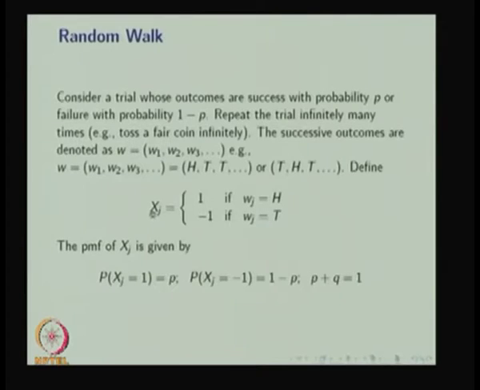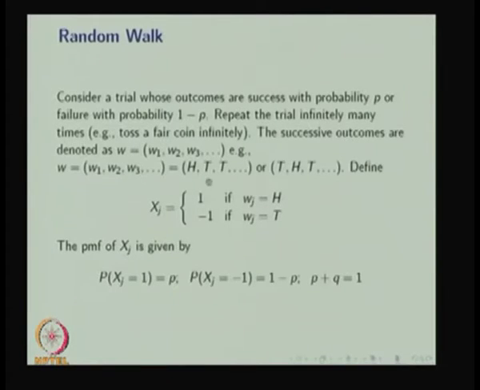So this is a real valued function, and this will be a random variable. Since it takes the value 1 or minus 1, this is a discrete random variable, and one can find the probability mass function for the random variable Xj.